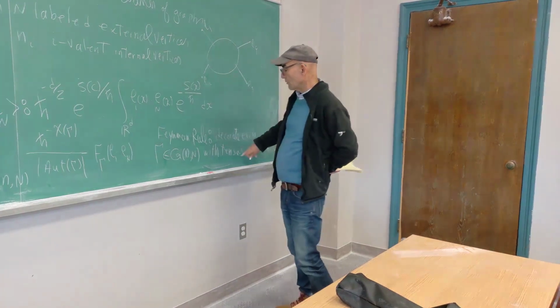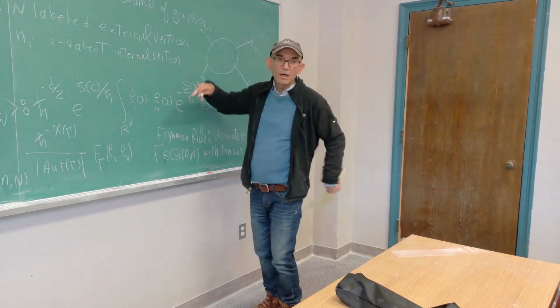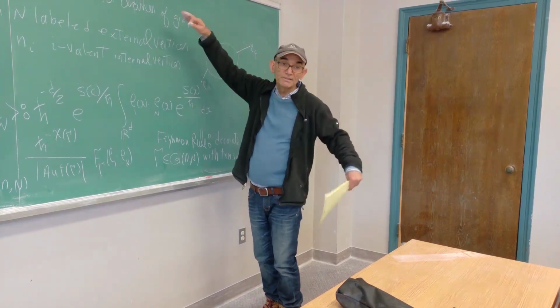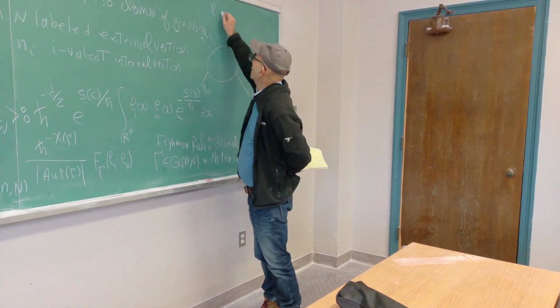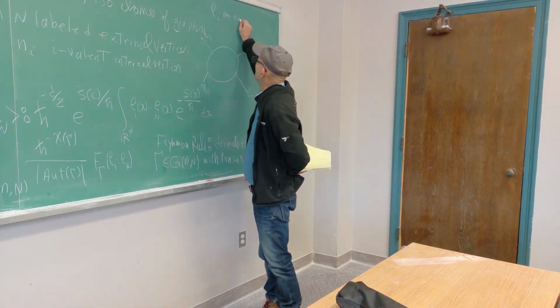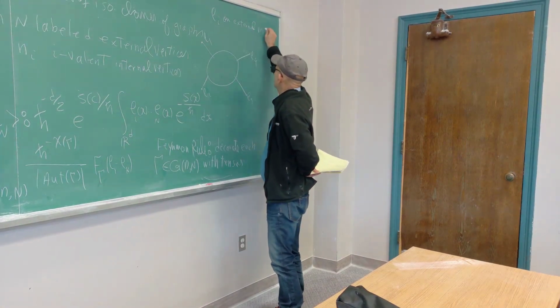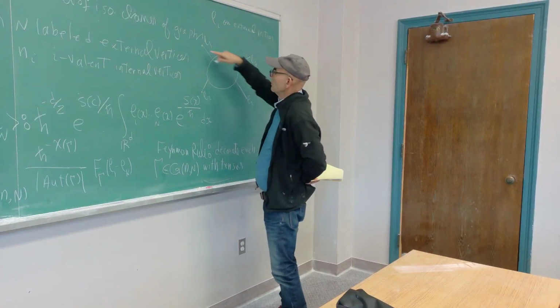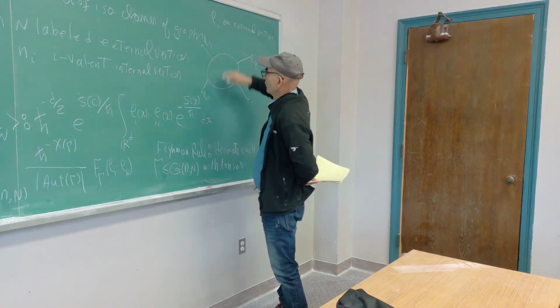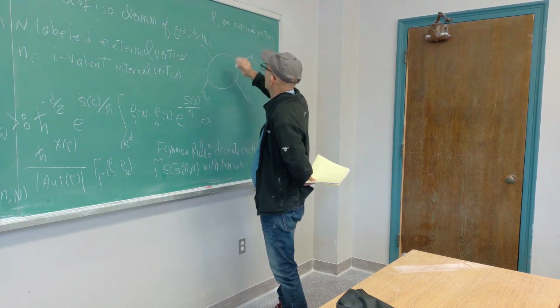We put tensors Li on the external vertices. They are labeled, so we know where to put them. Once and for all, we fix one labeling, and that's it.